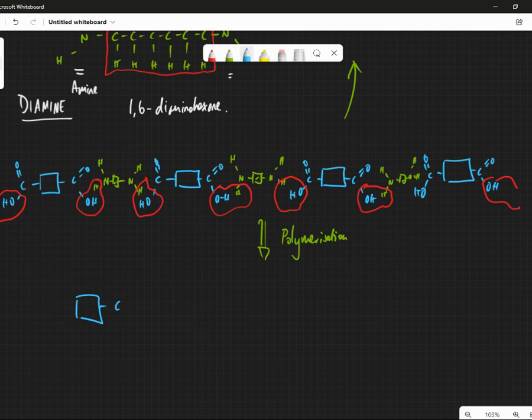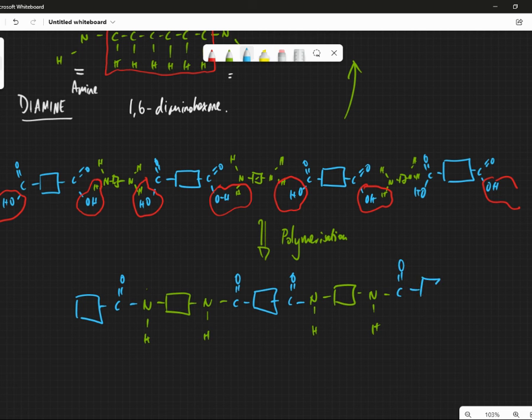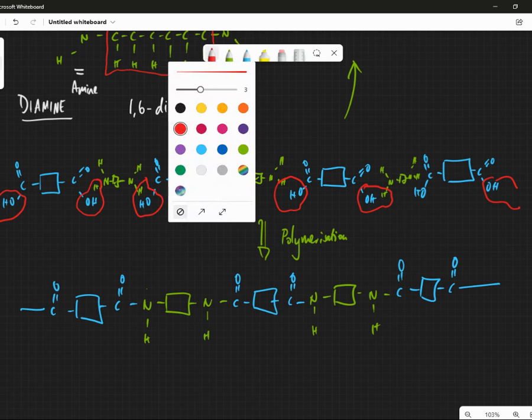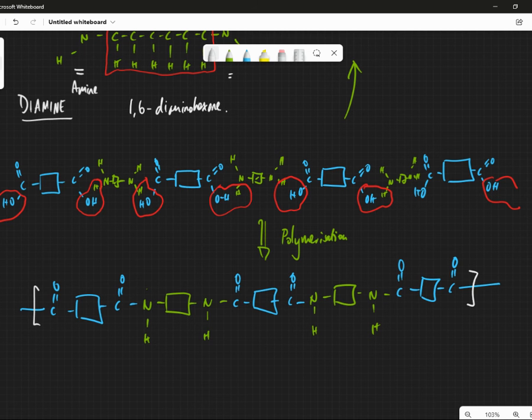It's going to be this, and then NH, and then the box, and then NH, and then CO, and then the box, and CO, and then NH, and then the box, and then the NH, and then the CO. And then the CO continuation line, and then we're going to bracket it off to show it goes on forever.